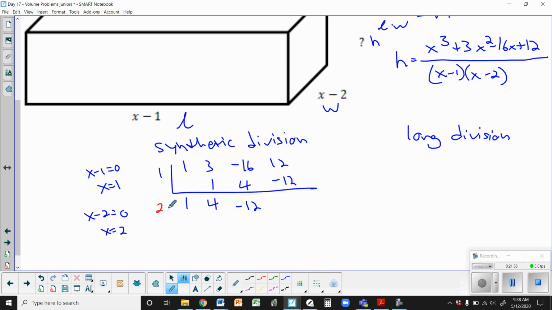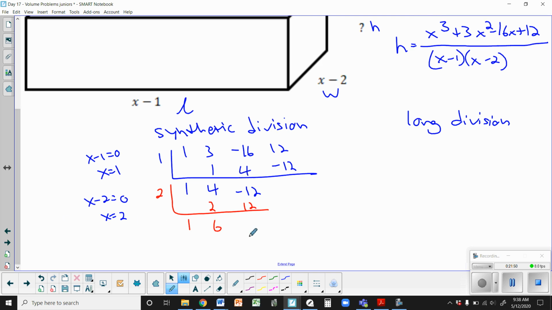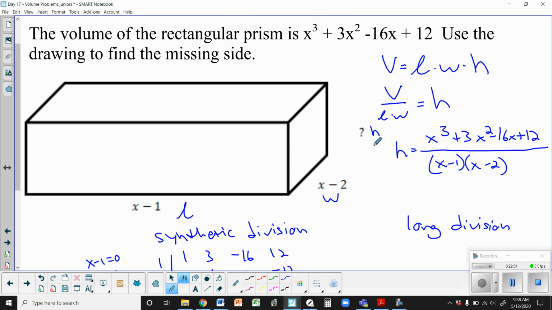So we have a 2, and now we do 1, 2, 6, 12, 0. And what does this mean? That means the remainder is 0, and the remaining terms are our x term and constant term. So it's really x plus 6. Problem solved. So our height is x plus 6. Now that doesn't really make sense. It feels like this should be longer, but this isn't drawn to scale.